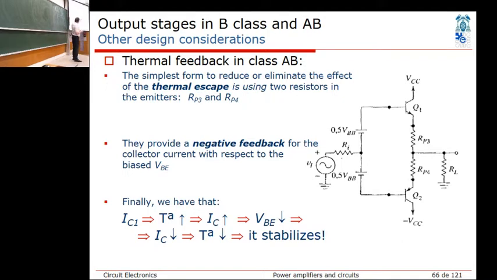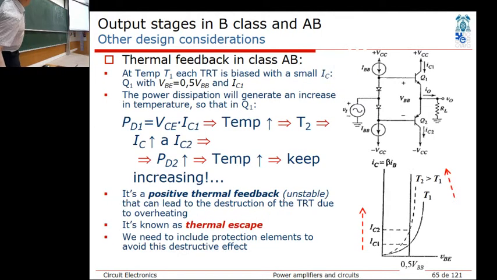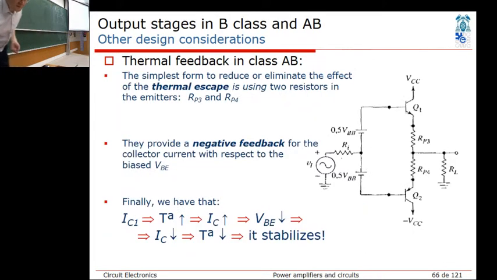So that puts a limit for IC rise. Basically, you are not rising the current because you have there the base emitter voltage plus the voltage drop over that small resistor. So that actually reduces the effect of thermal escape.